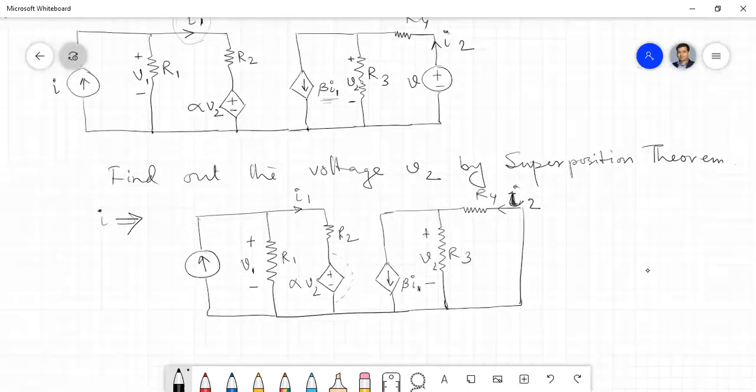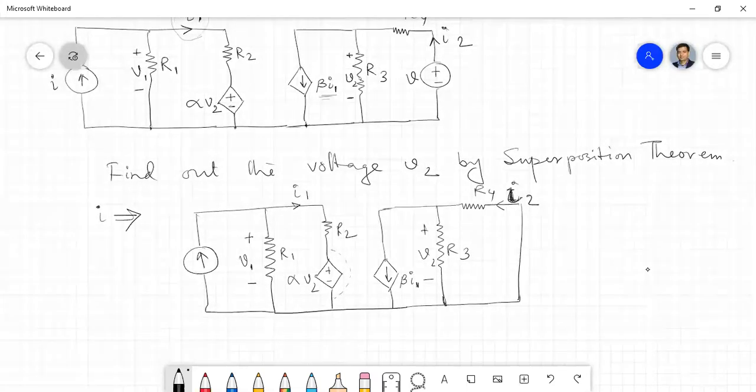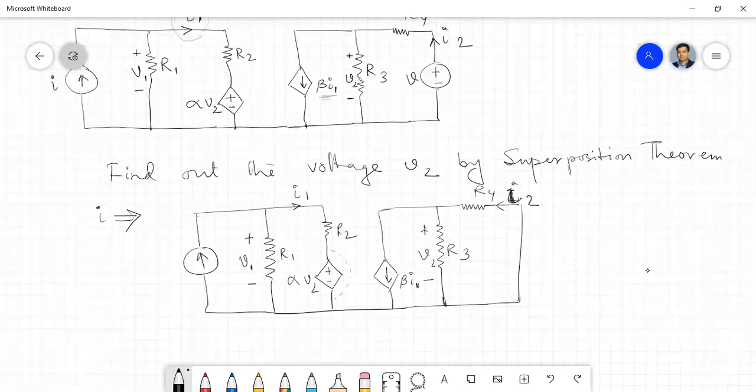Here you have to find out two cases, because we have only two independent sources, one is I, another is V. So first you have to consider I, making V off. In the next circuit, you have to consider V, taking I off.